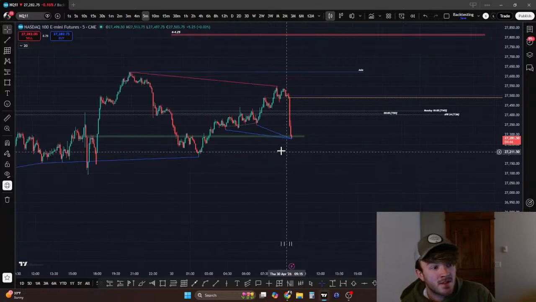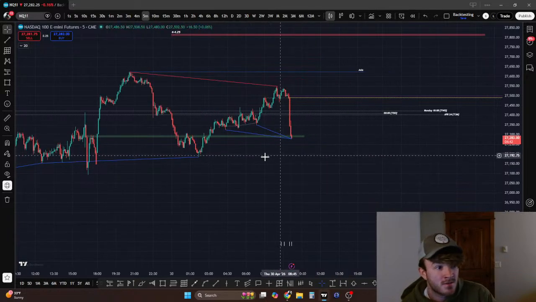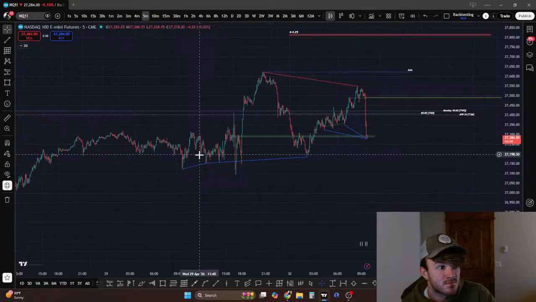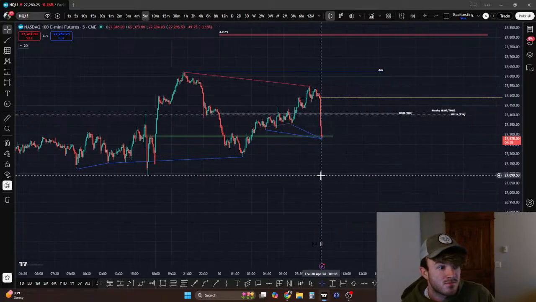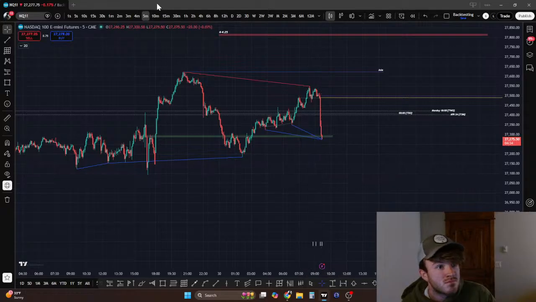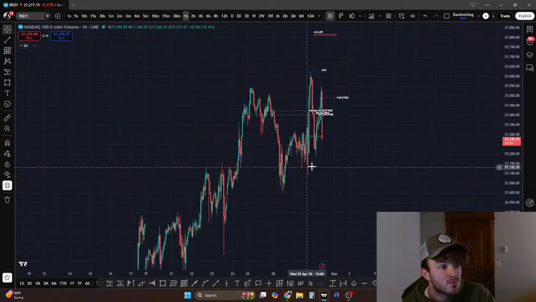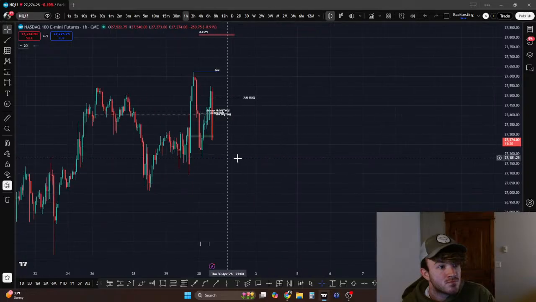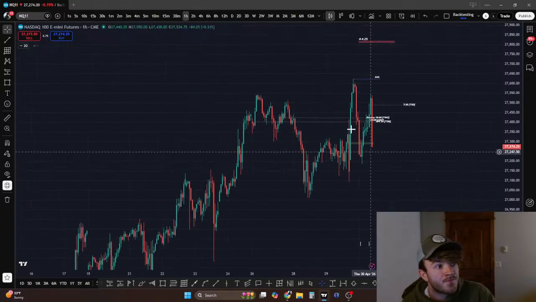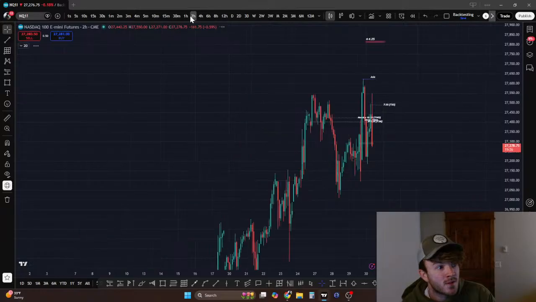Then again, it's not looking bullish at all, really. We ended up having probably 2 hour Venom. Yeah, we ended up having 2 hour Venom to the downside.